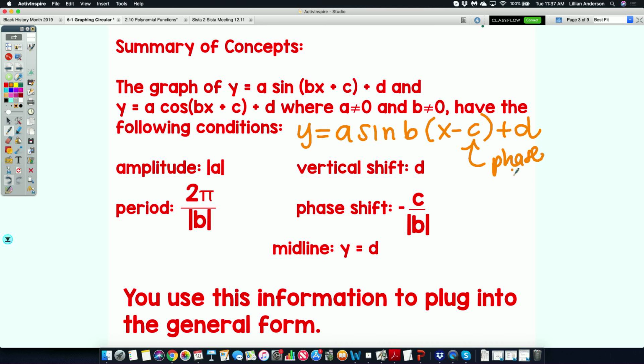So another way you could approach this is, if they give you all your information, you could write it this way, but then distribute the b through to get it into the general form. This is not general form with the b factored out. The original, in red, was the general form. So depending on what you're given, you could start this way and then just distribute the b over and get it in general form. So don't forget about that.